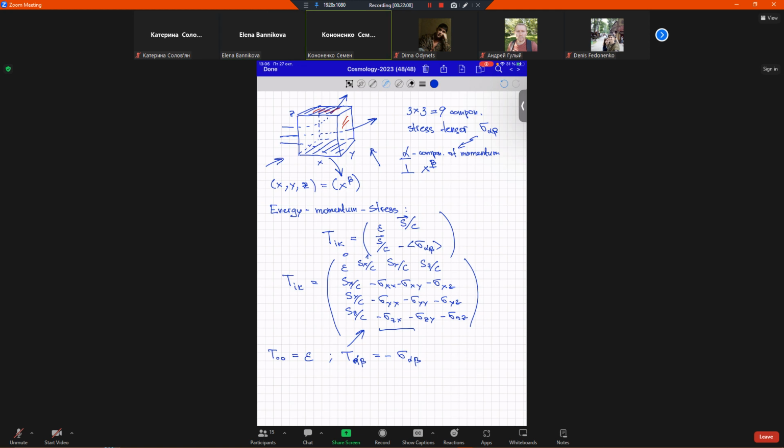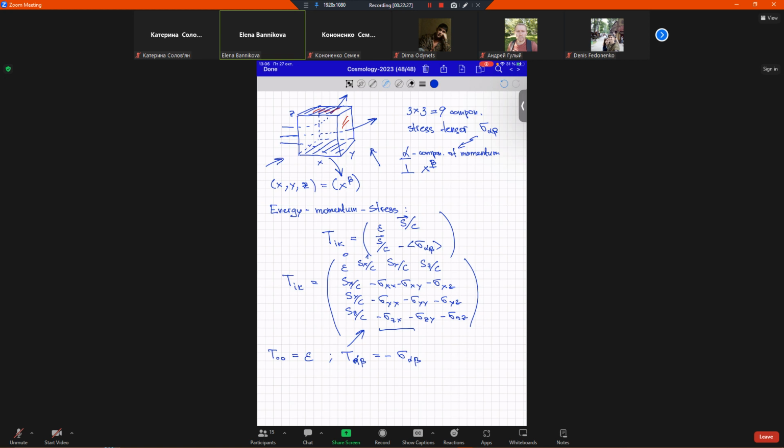Okay, that's understandable. What is important is that the stress tensor, sometimes you can use it separately, but this is understandable.